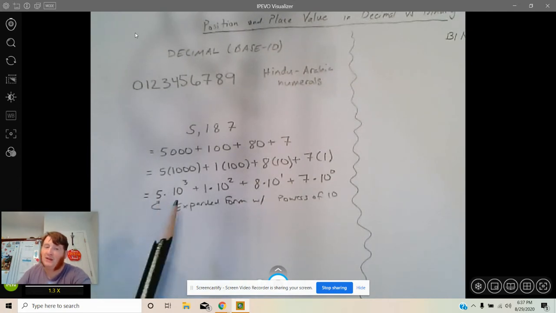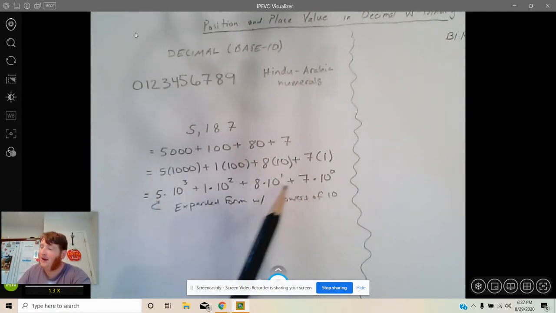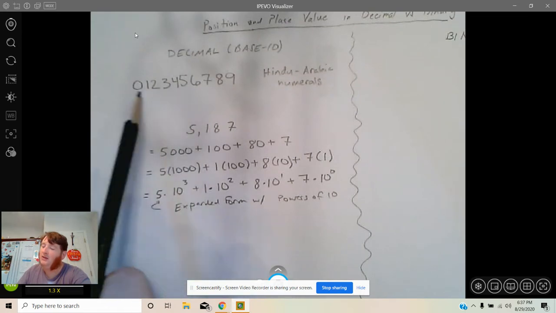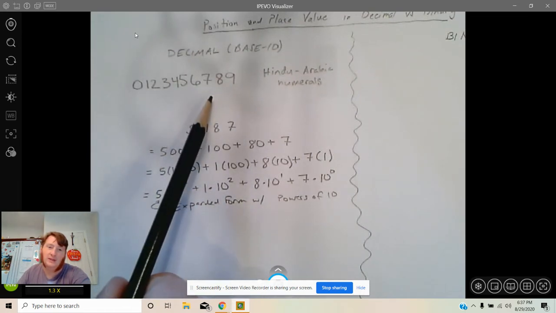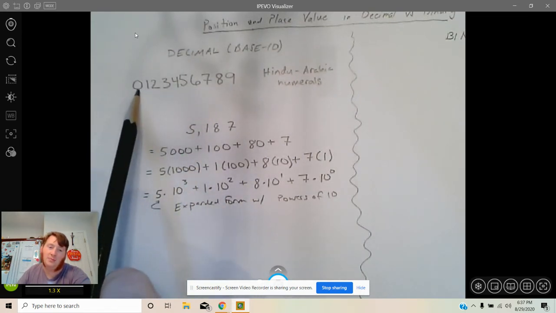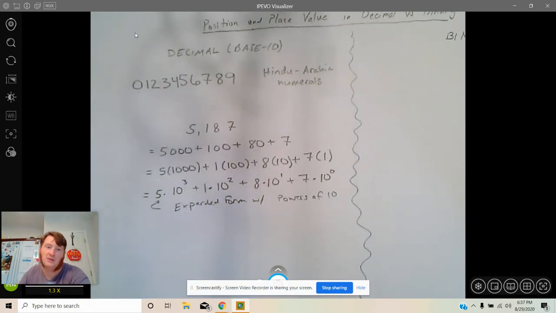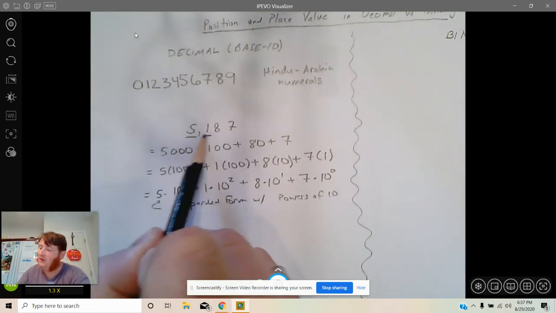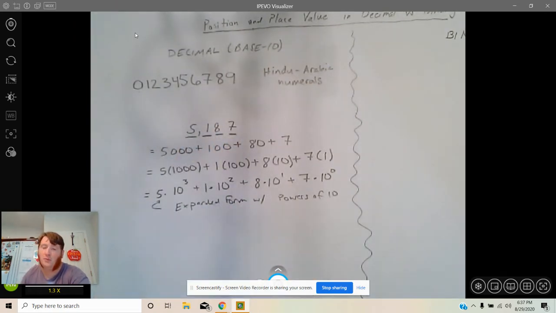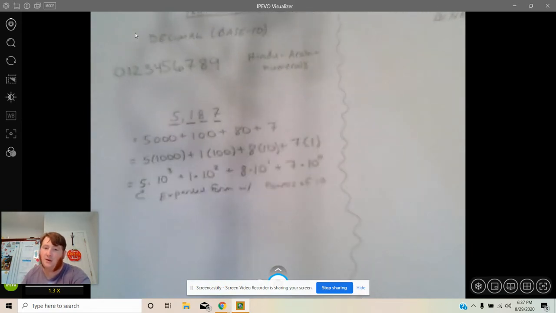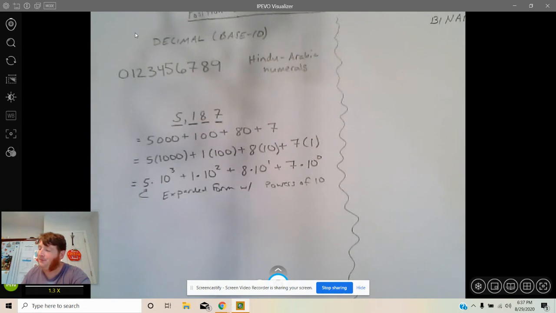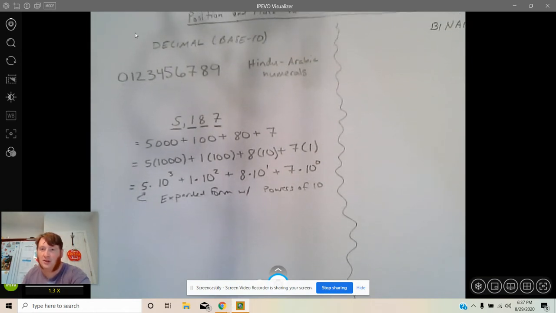So because it's a base 10 system, you care about powers of 10, and you need 10 symbols, which means you would have a placeholder 0 and 9 symbols that represent digits. In this case, our place value was 4 digits.